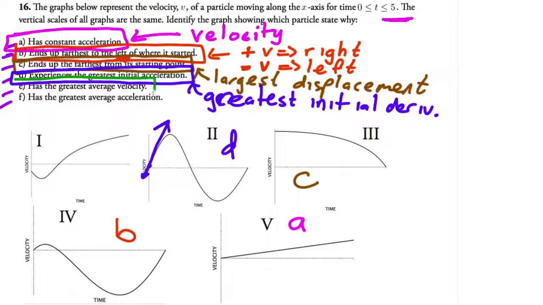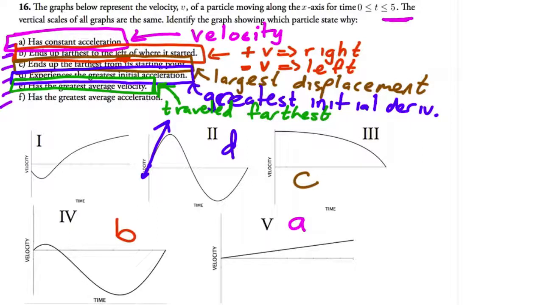Now, which one has the greatest average velocity? Okay, now this one is quite tricky. It seems a little counterintuitive because the greatest average velocity basically means which one traveled the farthest.